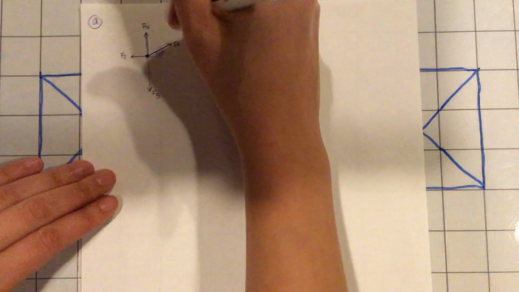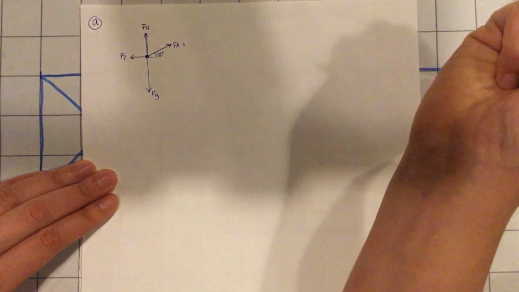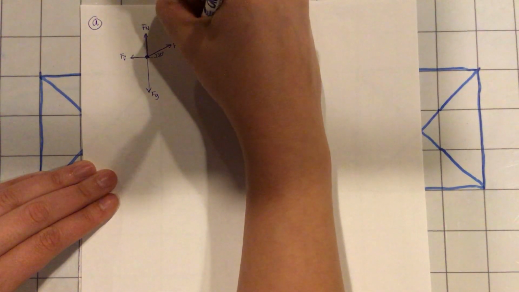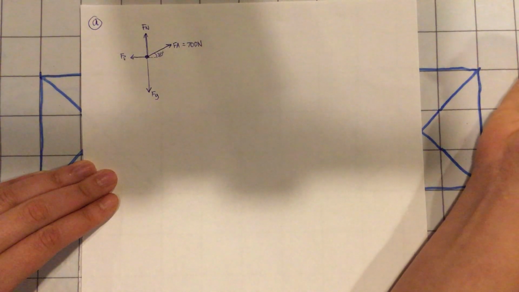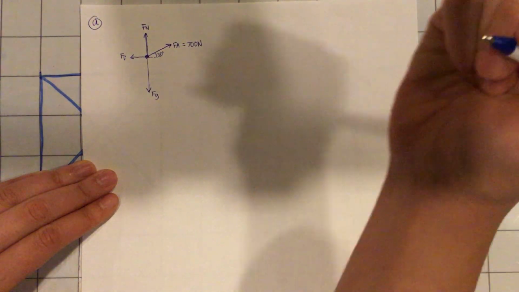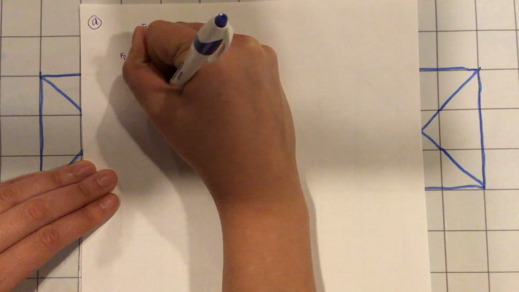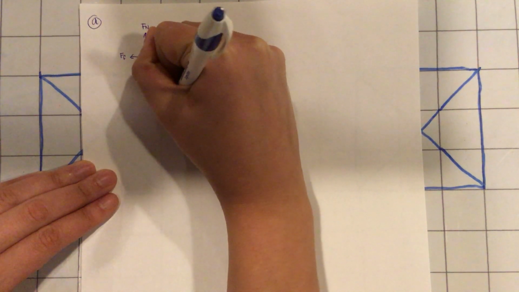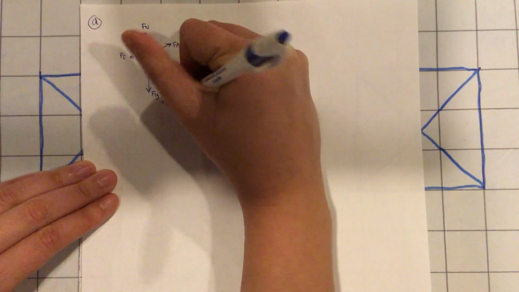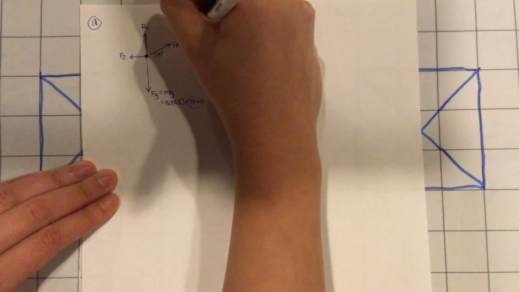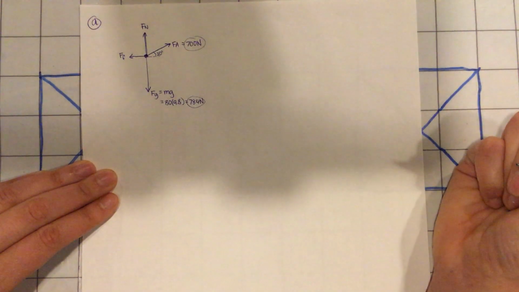For instance, the applied force was literally given to us, so surprise, it's 700 newtons. Magnitude done. The weight is the mass times gravity, so in this case, 80 times 9.8 is going to give us something on the order of 784 newtons down. Two out of four. Done.